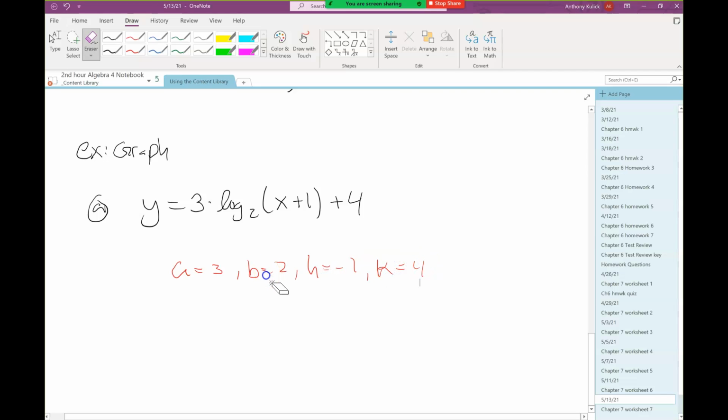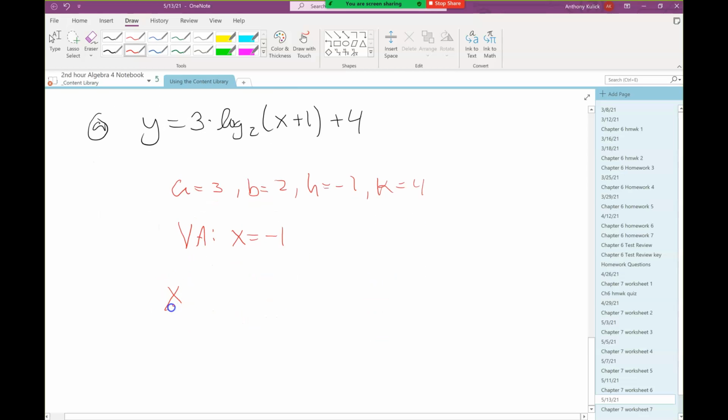Remember, the h is always the opposite sign of whatever appears in the equation. And we know our vertical asymptote is x equals h, so that's just x equals negative 1 in this case.